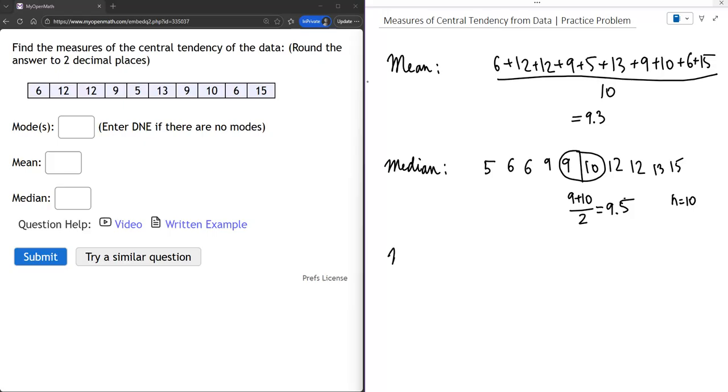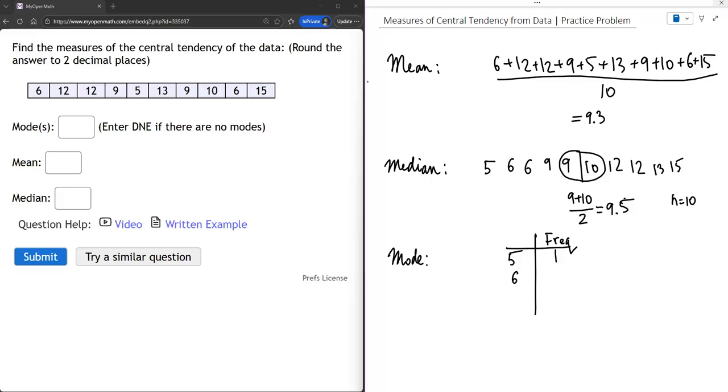And finally, to find the mode. Mode may not exist if all observations have the same frequency, but to find the mode means to list the observation with the highest frequency. So we're kind of constructing a frequency distribution table.